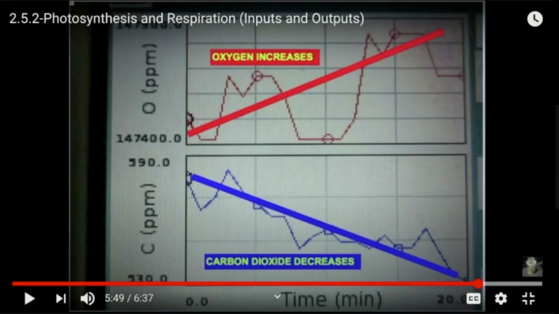And so with that, you can infer that the plant is getting light to carry out photosynthesis and therefore let the oxygen level increase. Right, good answer.